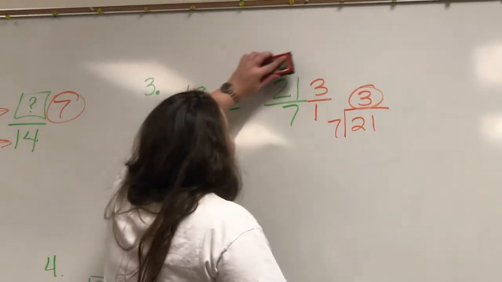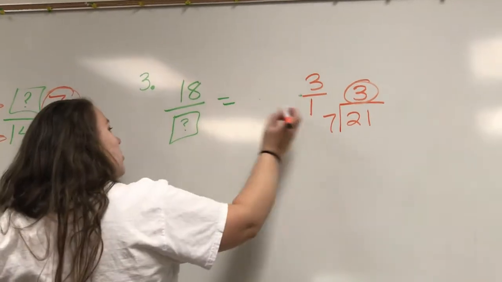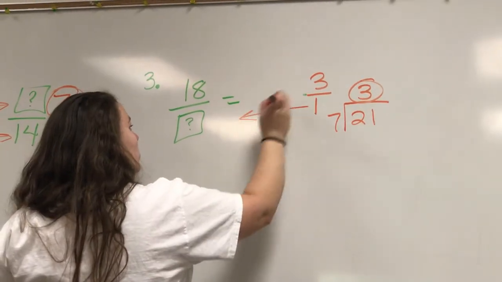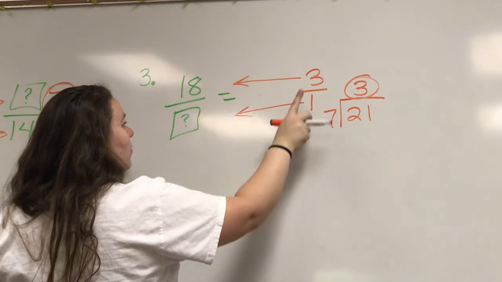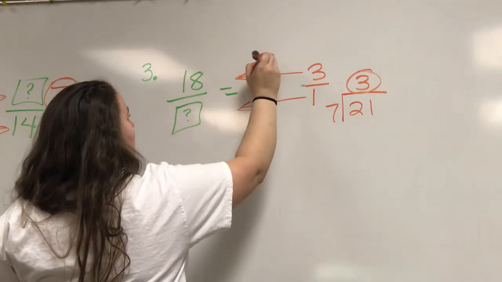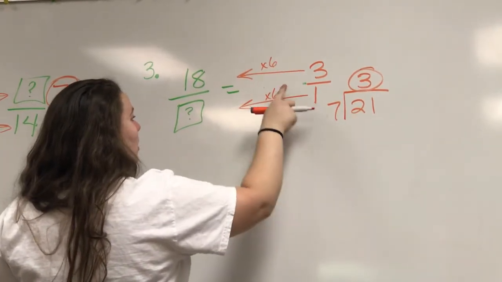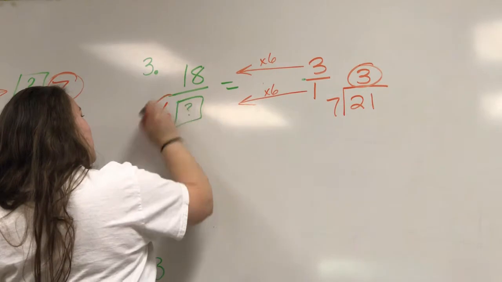I'm going to erase this so it's not distracting us. And draw your arrows towards the missing boxes now. How did I get from 3 to 18? I multiplied by 6. Do the same thing to the bottom. 1 times 6 is 6.